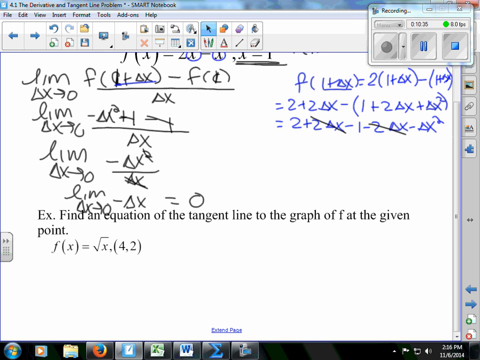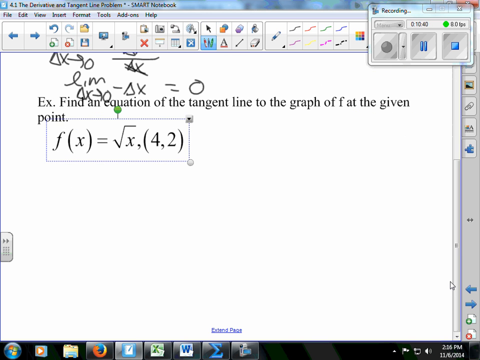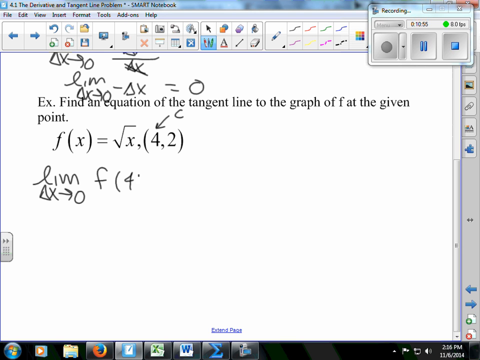Here we have a third example for finding the slope of a tangent line. I'm going to do the limit as delta x goes to 0. Notice here the c value is 4. C is always the x coordinate of the point in question. So f of 4 plus delta x minus f of 4 over delta x.